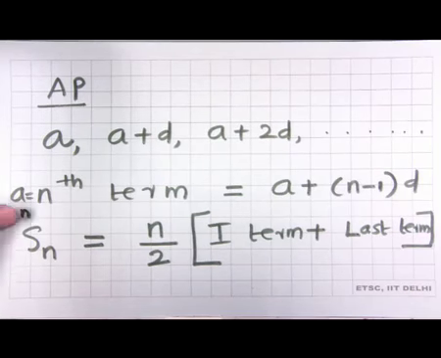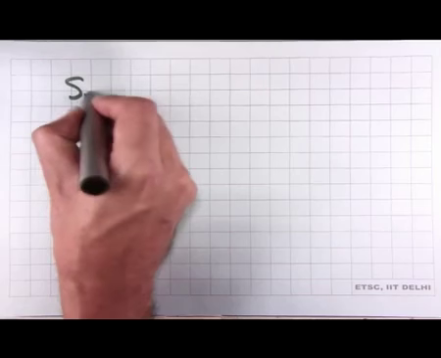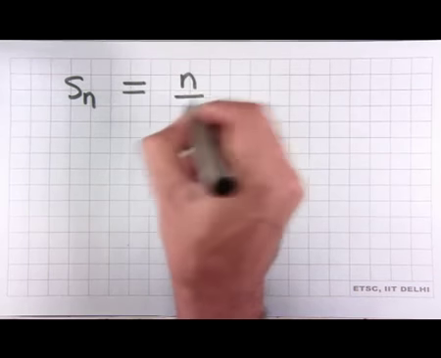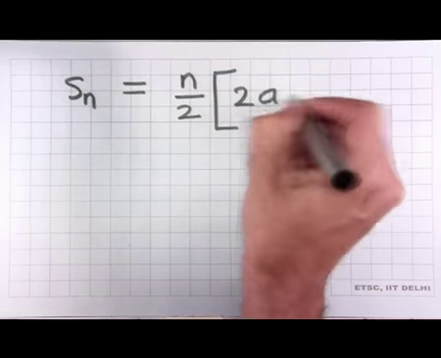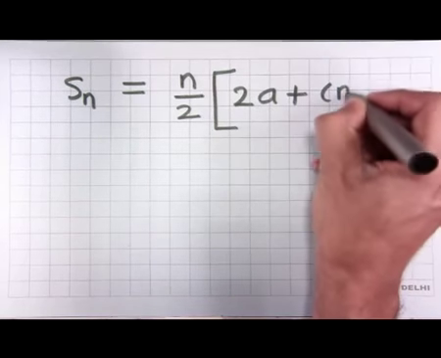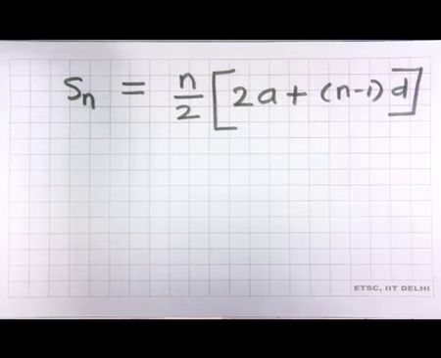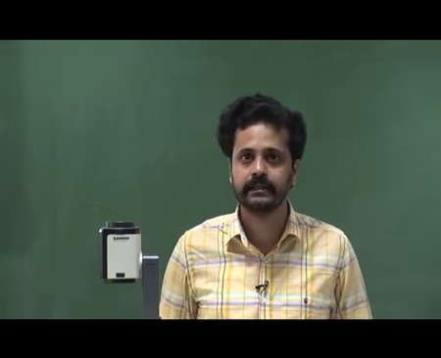Alternatively, Sn, the sum of first n terms, receives the formula Sn equal to n by 2 into (2a plus (n minus 1) into d), where as usual a is the first term and d is the common difference of the concerned AP.